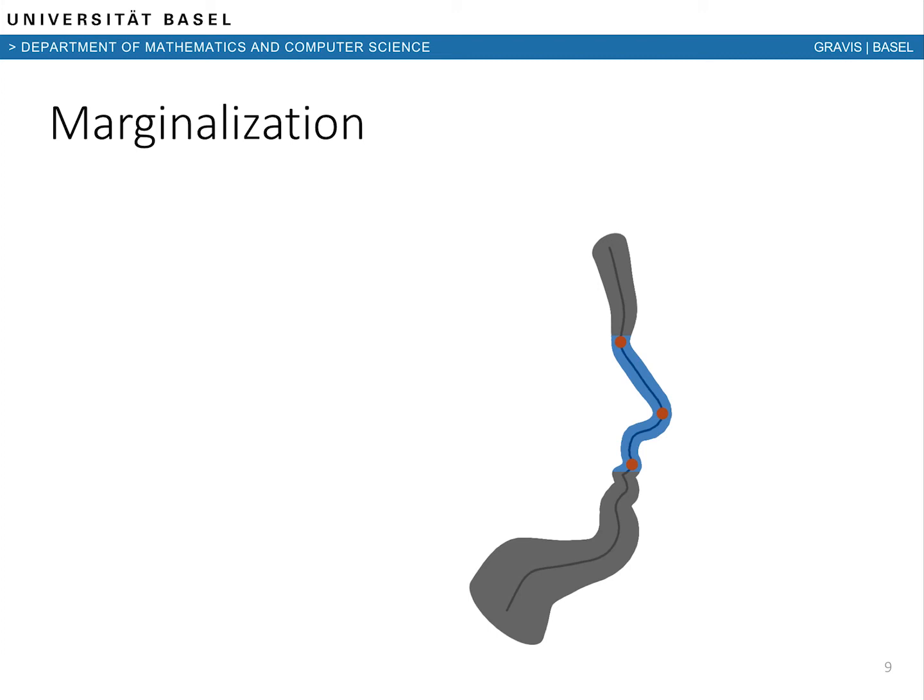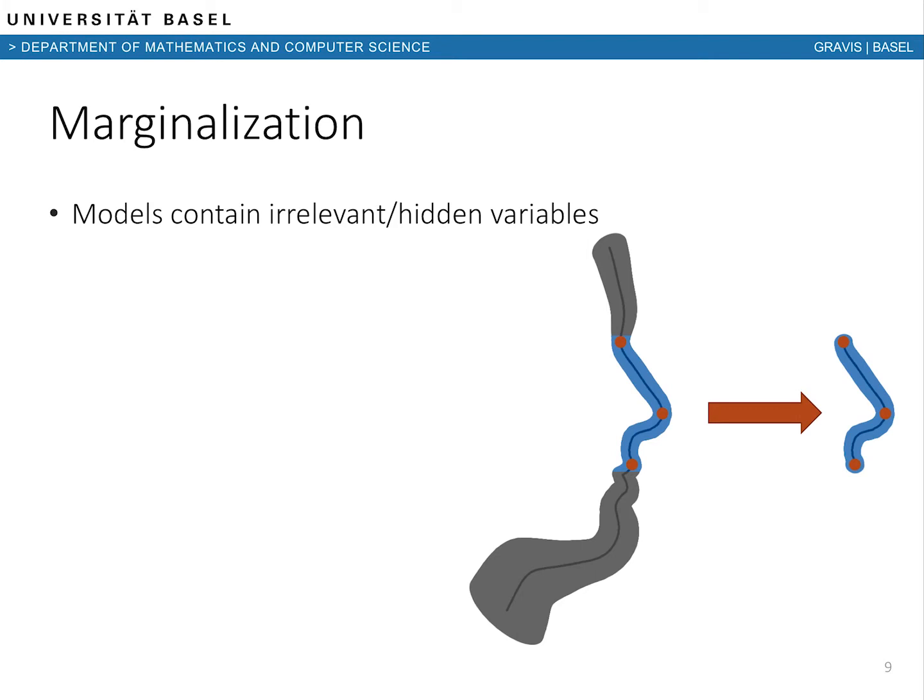In some situations we might not be interested in all parts of our model. So given our 3-point observation setup, we might just be interested in the distribution of the points of the nose. So in this case, our models actually contain irrelevant or hidden variables. In our example, this would be the points around the chin, when we want to actually talk about the nose distribution.